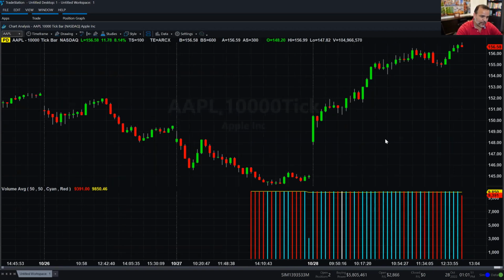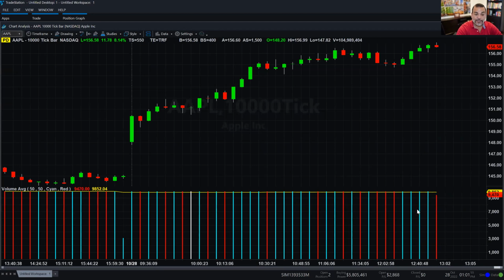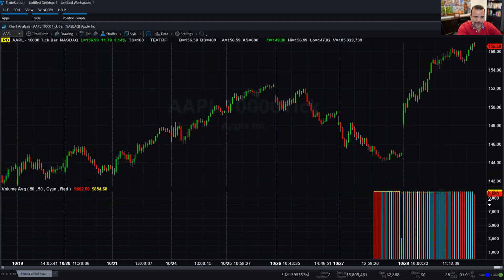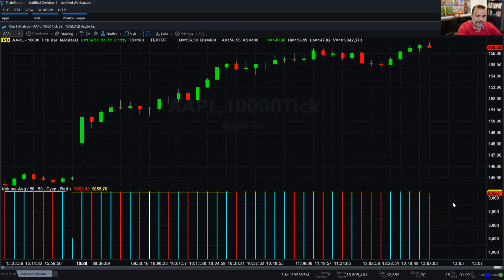Now, let's talk about this a little bit, because there's other information to consider. Let me wait for the bar to close. The bar is about to close. It's already at 9,700. As it reaches 10,000, we know it's going to go to the next candle, because that's the way that the bar builds.